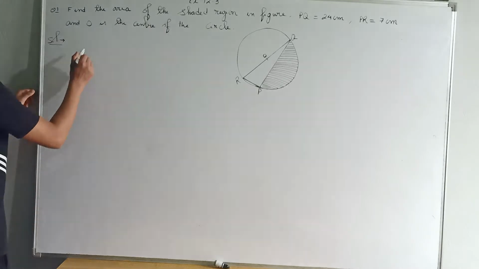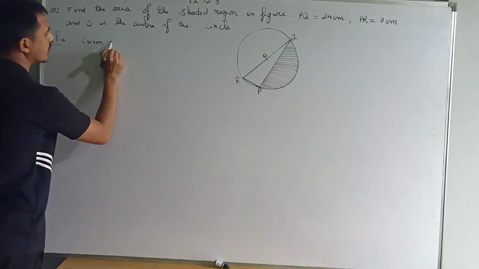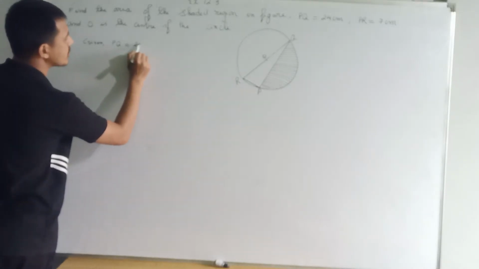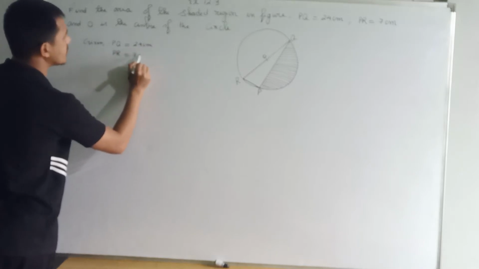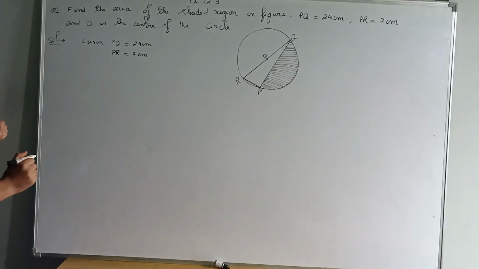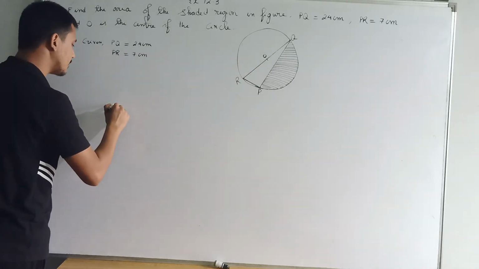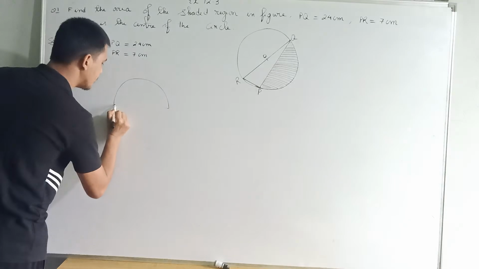Now, it is given that the side PQ is equal to 24 centimeter and PR is equal to 7 centimeter. Now we know that in a semicircle, consider a semicircle.